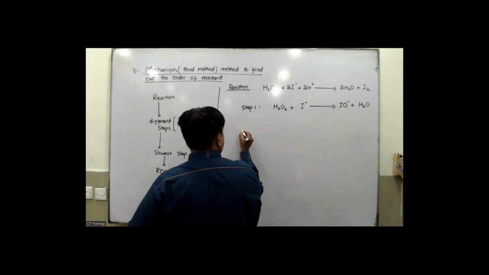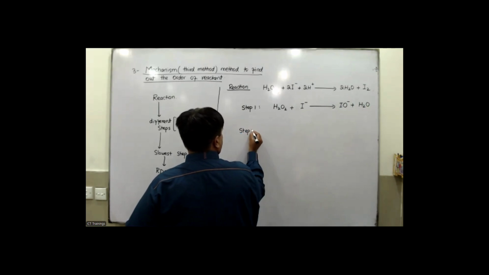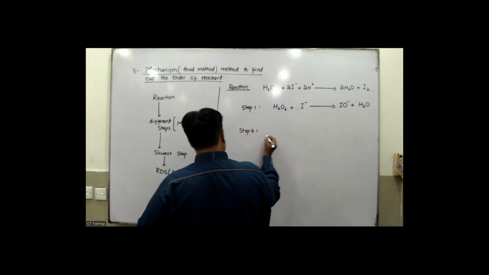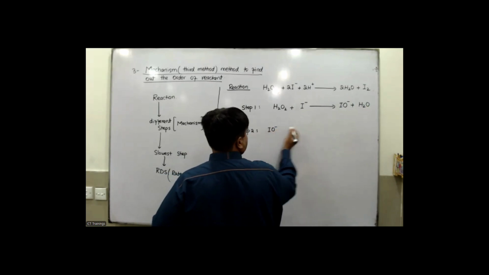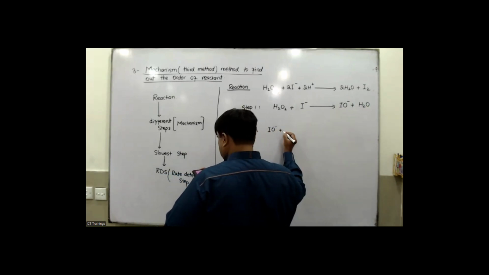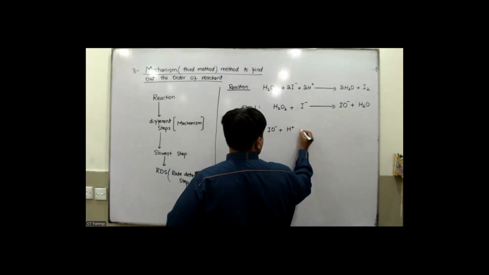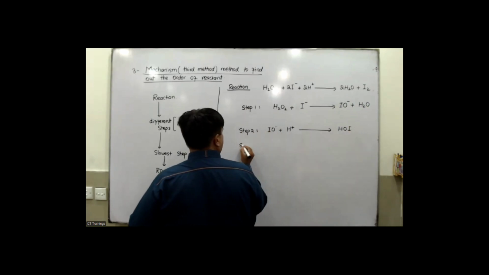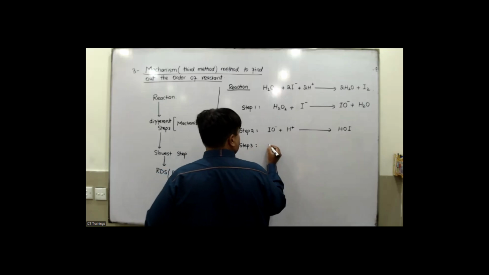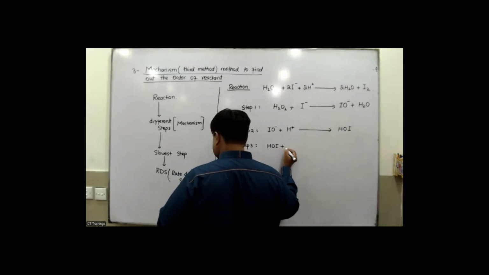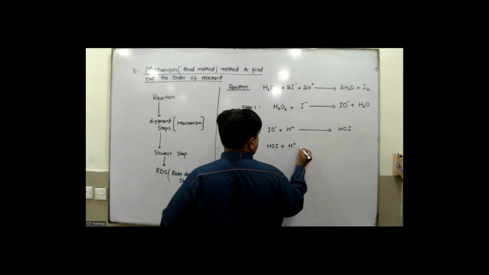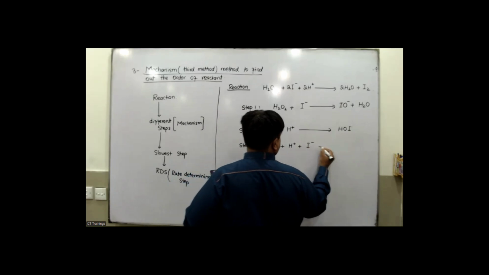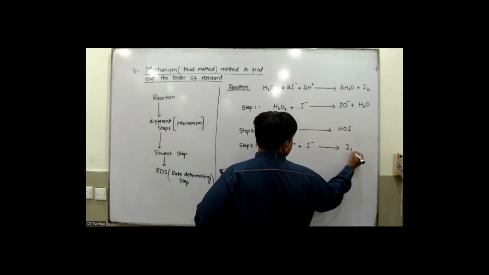Then step two: the IO minus formed here is used in the next step to form HOI. Then step three: this HOI plus H positive plus I minus forms I2 plus H2O.